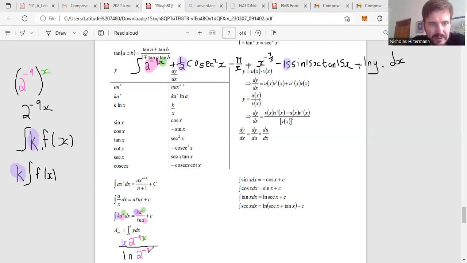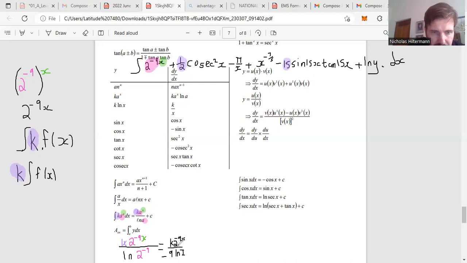Now, in your memo, you'll notice that the answer is 2 to the minus 9x over minus 9 ln 2. And that's because of our log laws, which say the minus 9 goes to the front. And so that actually simplifies to 2 to the minus 9x over minus 9 ln 2.